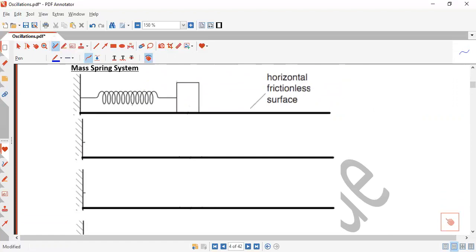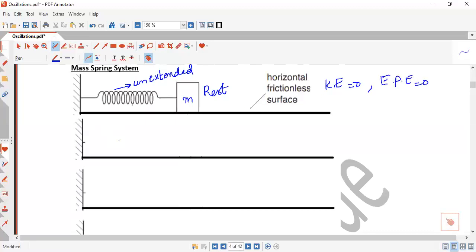Let's say we have this spring and it is initially unextended, unstretched, or uncompressed. And this is mass M, which is at rest. So students, there is no kinetic energy, there is no elastic potential energy.